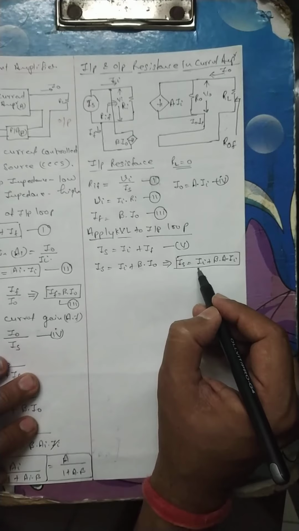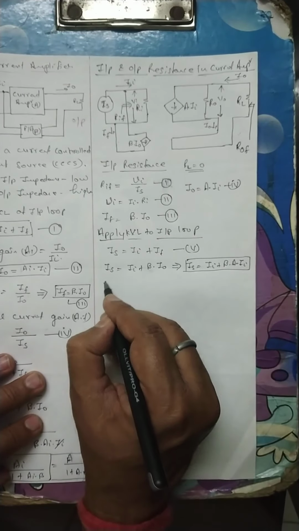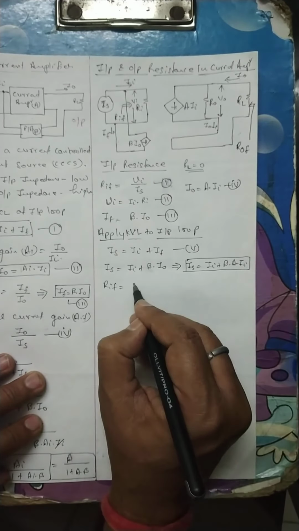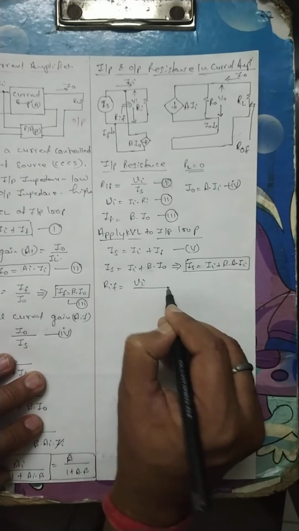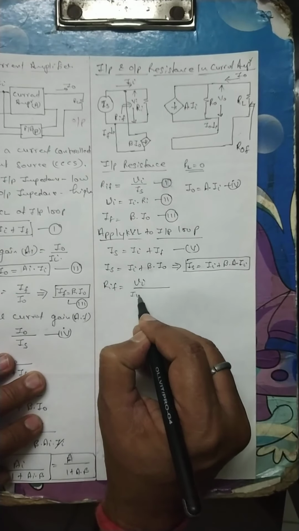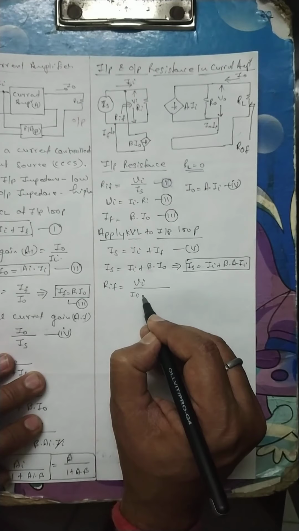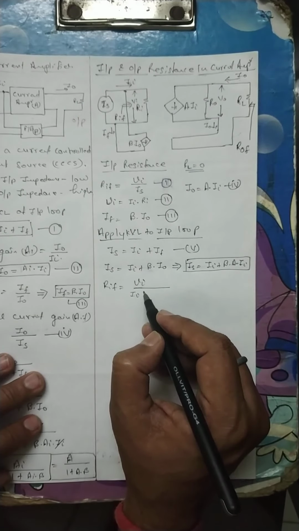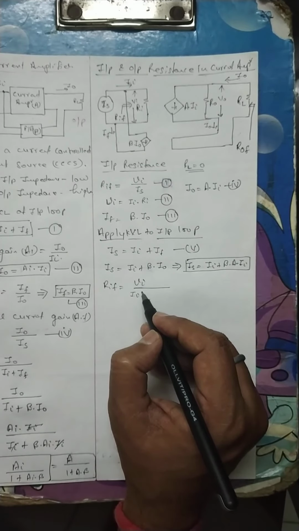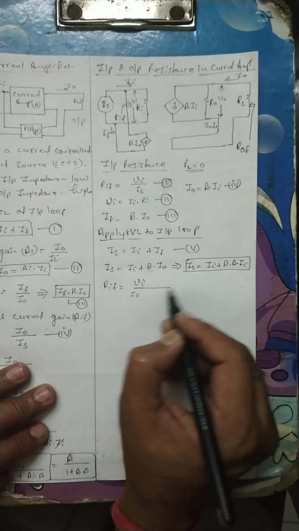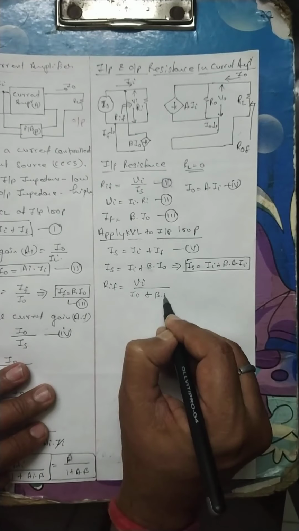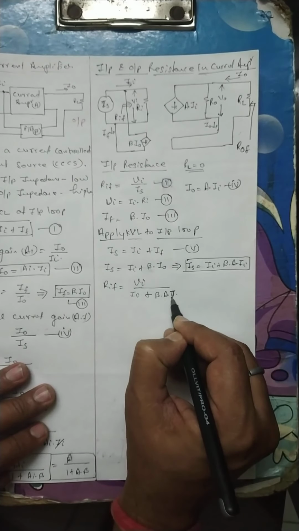Now putting this value in equation number 1, what will happen? RIF is equal to VI upon IS, that is II plus beta into A into II.